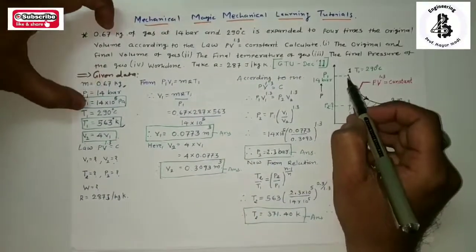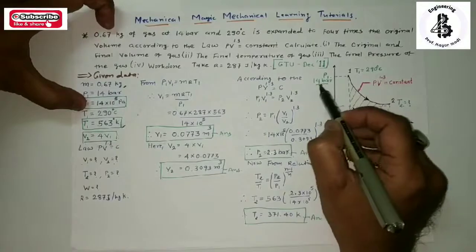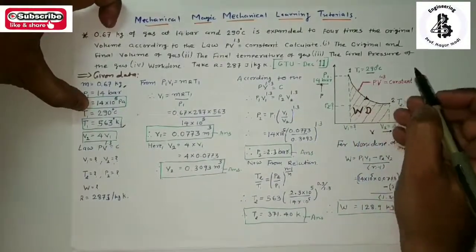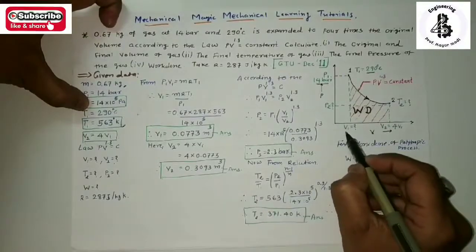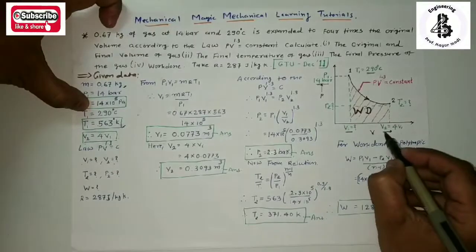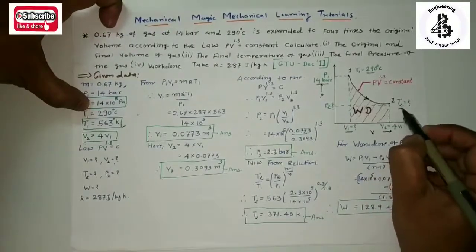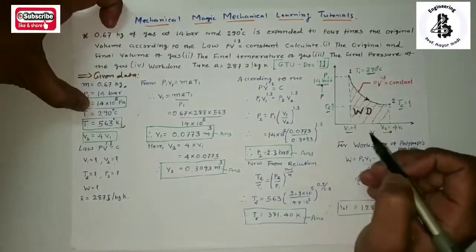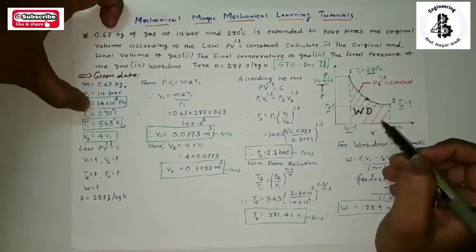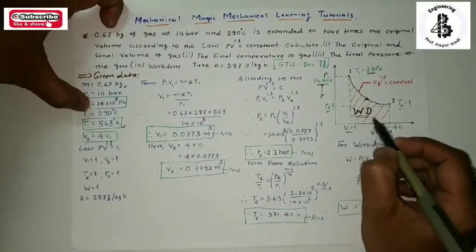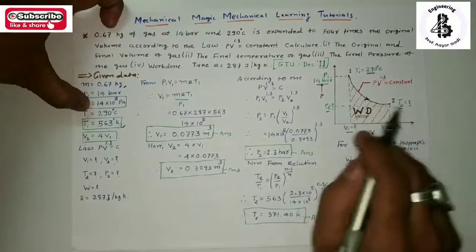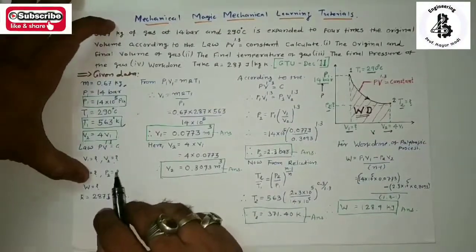According to the given data, P1 is 14 bar and T1 is 290 degrees centigrade. We have to calculate V1, V2, T2 and P2 also. Here the area under the 1 to 2 process is called the work done by the system.